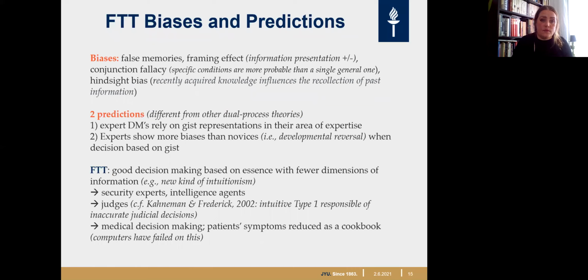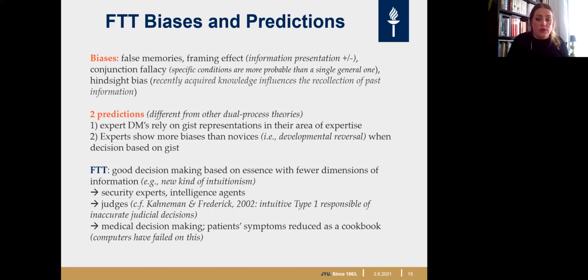If we try to explain the dual process theory of decision-making with this FTT, then the biases are false memories, framing effect, and so on. The framing effect refers to that if the information is presented as a positive one, it affects how the decision outcome is seen as a positive one, and the same for the negative one. So that results in a framing effect bias.